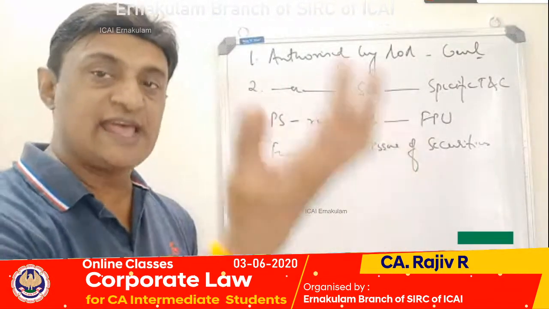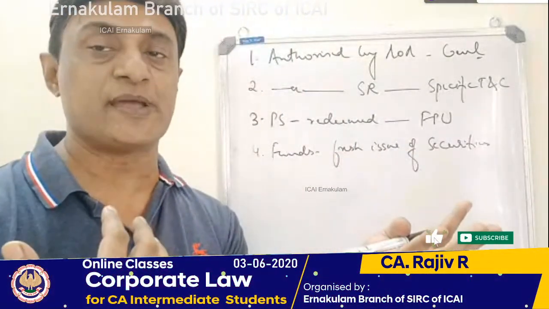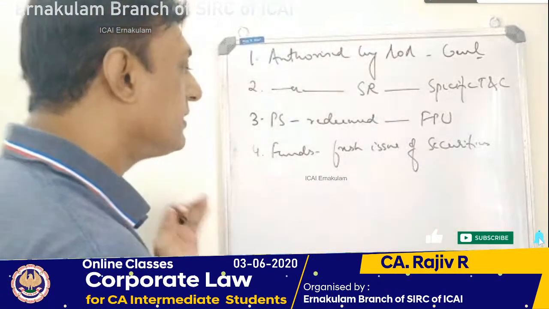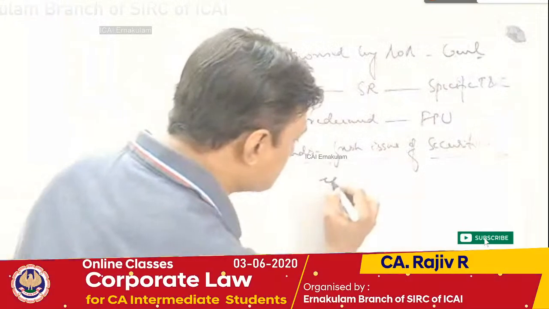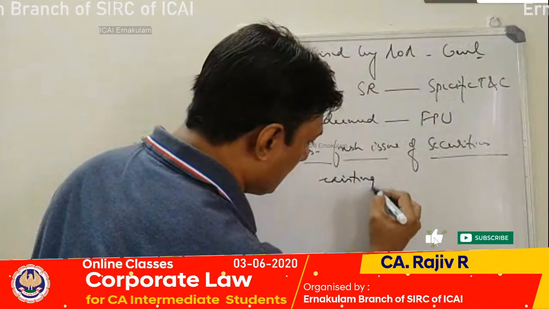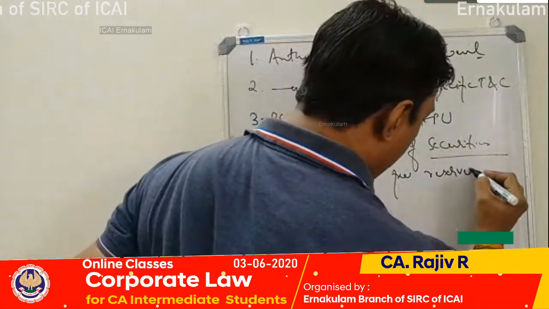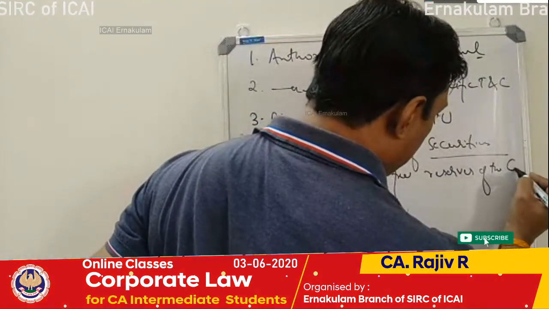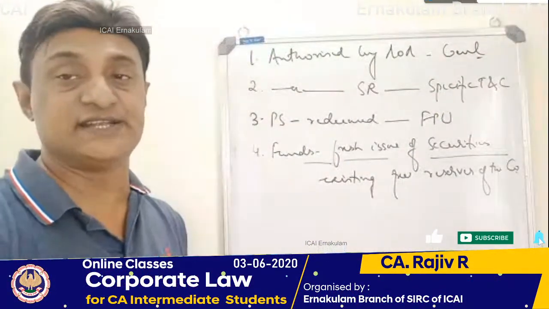So I raise one long-term fund to redeem preference share capital which has become due. Or it could also be out of the existing free reserves of the company which are available for distribution as dividends.